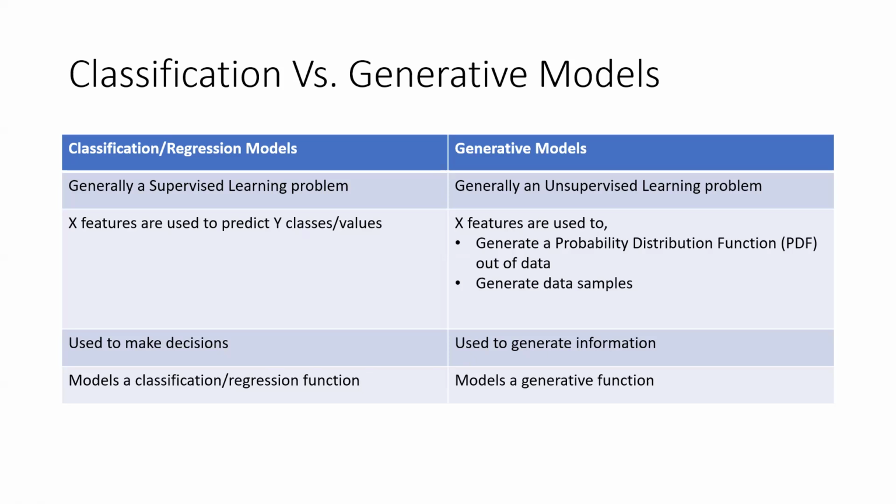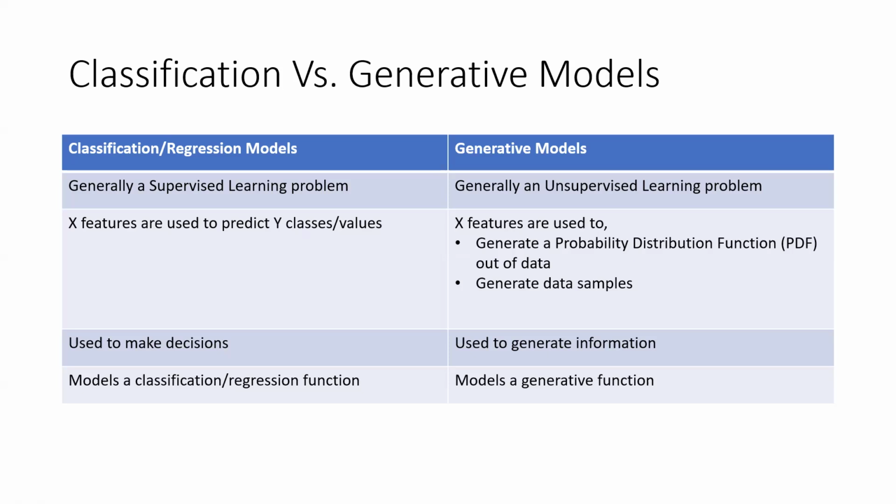Right? So for example, the best way that you can think about it is acquiring more data, like data augmentation. So if you want more data out of a data set, you can use generative models. Or if you want to create some music or a video out of the data that you already have.